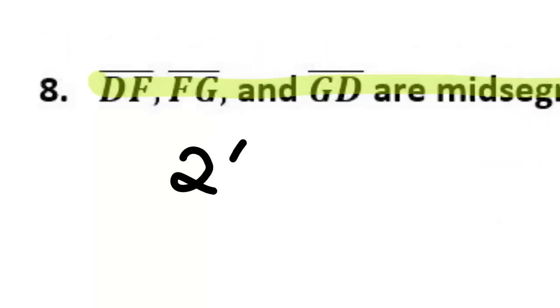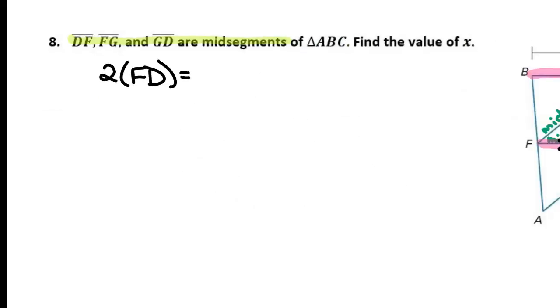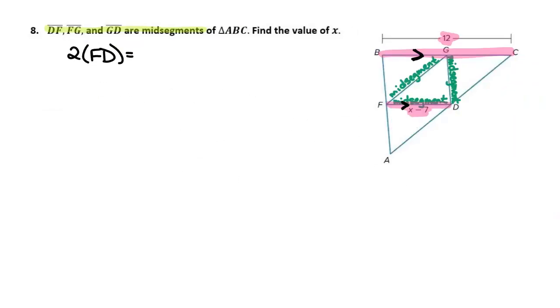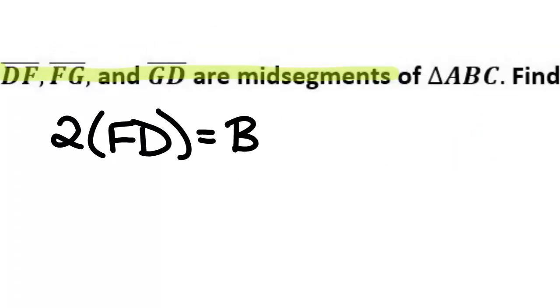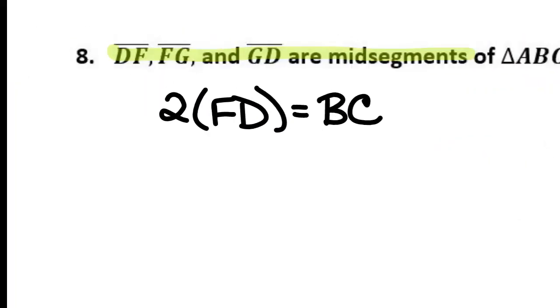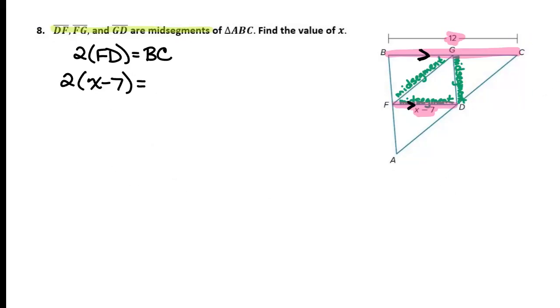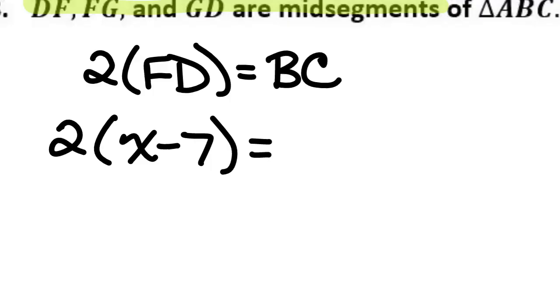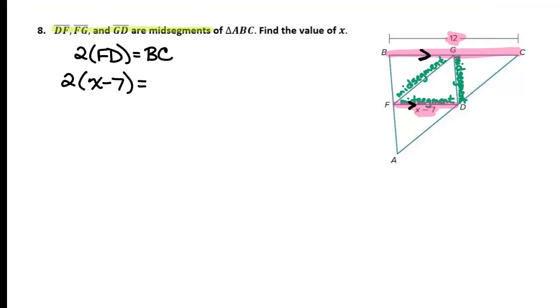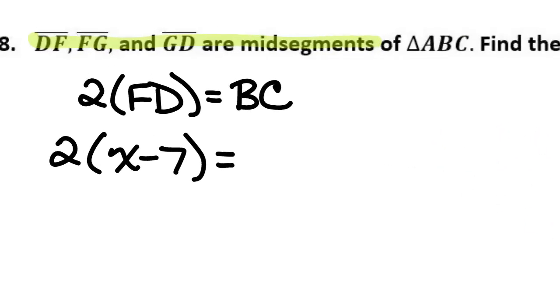So 2 segments the size of FD will equal segment BC. So I'm going to do 2 times x minus 7 is equal to what? How big is side BC? 12.